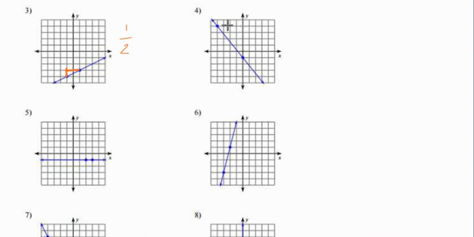If we look at number 4 here, start at my leftmost point, I need to go down and over. So the distance I went down is 1, 2, 3, 4, 5. So my rise is -5. And my run is 1, 2, 3, 4. Okay.